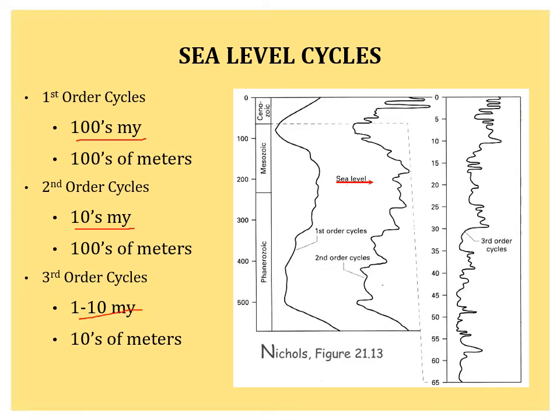So you can see more and more finer undulations of sea level changes, and this entire third order cycle is only for the Cenozoic time. You can see the mark, that is only for the Cenozoic time.